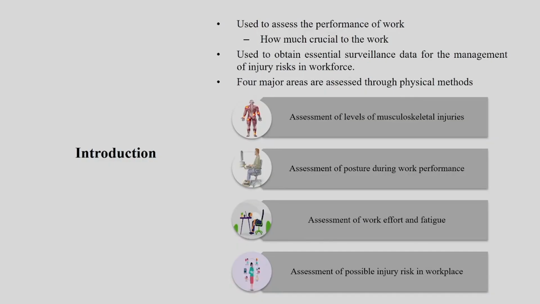Third is the assessment of work effort and fatigue. When I am talking about physical methods in ergonomics, when somebody is physically active in a particular workplace or workspace, we always need to understand how much fatigue the person gets after completion of the work.